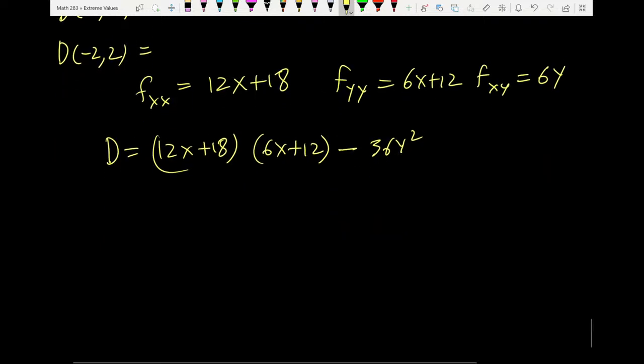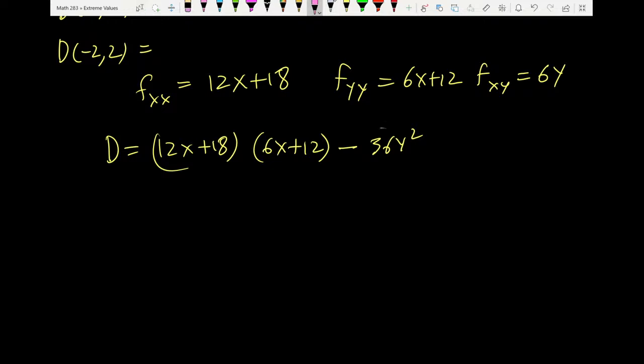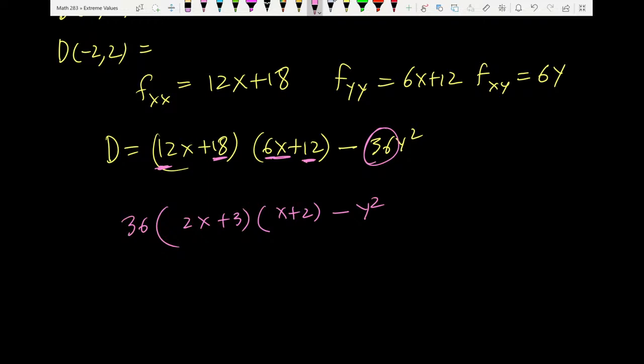Now, to make my life easier, I want to factor this out. What can I factor out of this? 6 also. 6, yeah. If I factor 6, 6 out, I get 36. And then I get 2x plus 3, and then x plus 2 minus y squared.